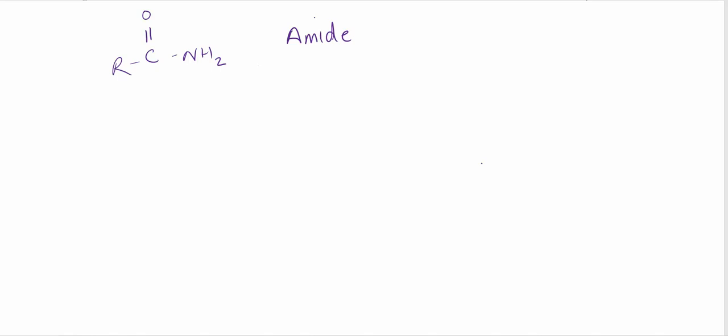I'm not going to ask you to name any amides, at least early in the class. But if you have an alkyl group attached to the nitrogen, then you would name that group as N-something. So if we had an N-methyl butanamide, then the but tells us we have 4 carbons.